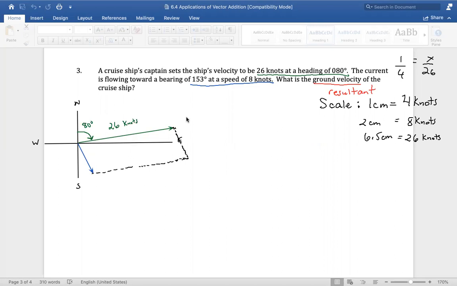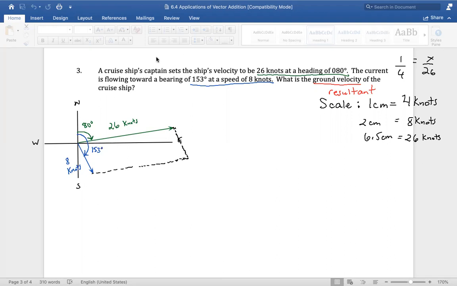And then for my blue vector, which is the current, it is 8 knots. So I can just write that. I wish I could turn the page sideways. I would write it like this if I were you guys and turn your page if you printed it out, but I'm just going to write 8 knots here, indicating the magnitude. And then to figure out my angle, all the way from the beginning to the end here is 153 degrees.